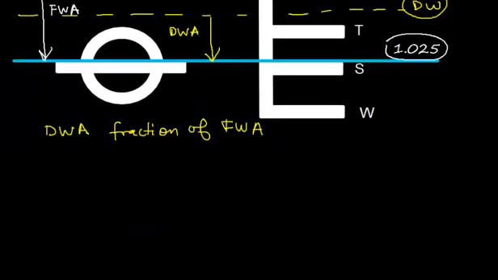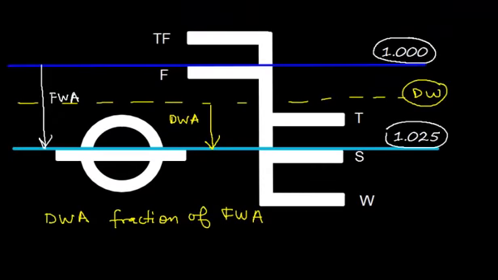Well, this helps us to calculate the draft. Say for example, here, if the difference between fresh water and salt water is this one, we have freshwater allowance. However, if the difference between dock water and salt water is this, we have a dock water allowance.